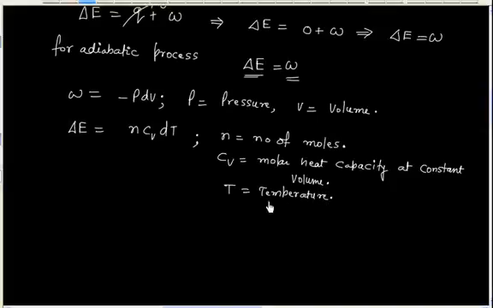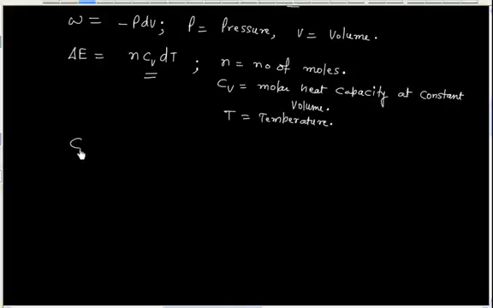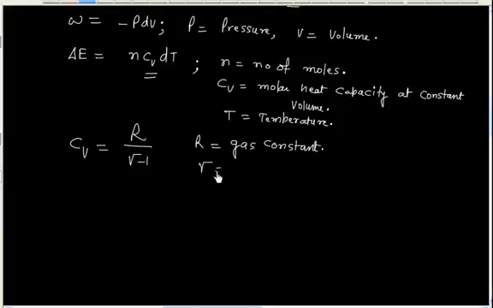Basically Cv can also be written as R by gamma minus 1, where R is the gas constant and gamma is the heat capacity ratio, that is Cp by Cv.